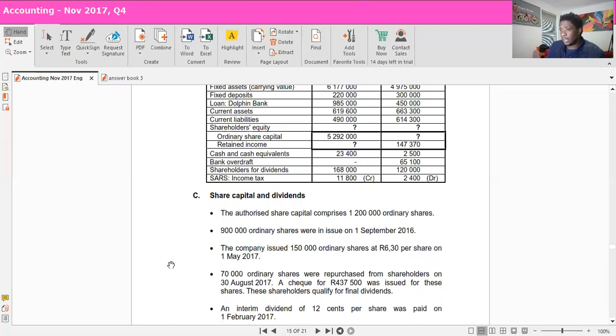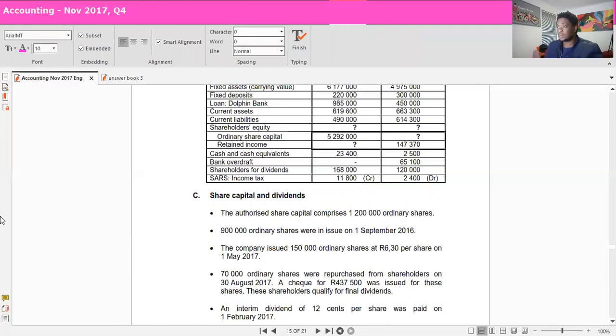So let us look here. 70,000 shares are being repurchased, so we need to calculate the average share price. In order to calculate it, we take the ordinary share capital at the end of the year, which is 5,292,000, and divide that by the number of shares in issue.